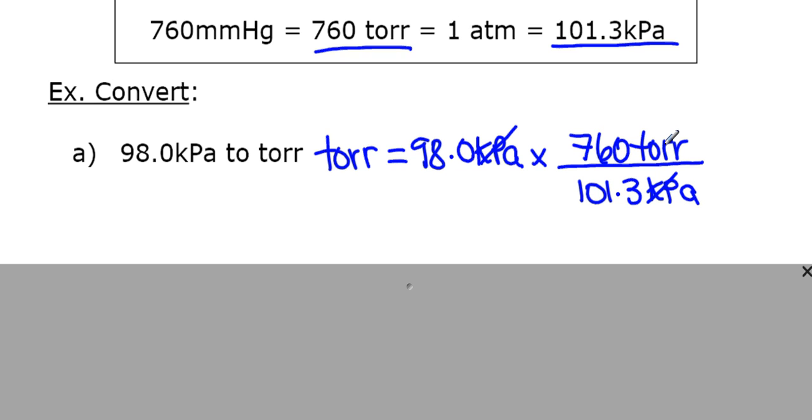So now you can plug that in your calculator, 98 times 760 divided by 101.3, and then you're going to get 735.24 torr. And then, of course, since we're not doing anything else with this number, if you were just to do a conversion, you would round to significant digits. So this is 3 significant digits, so here we would need to round to 3.